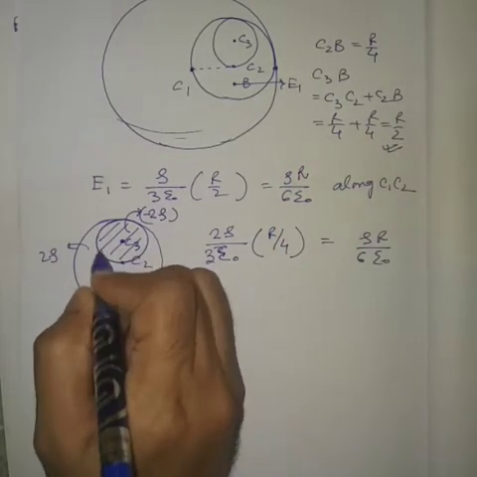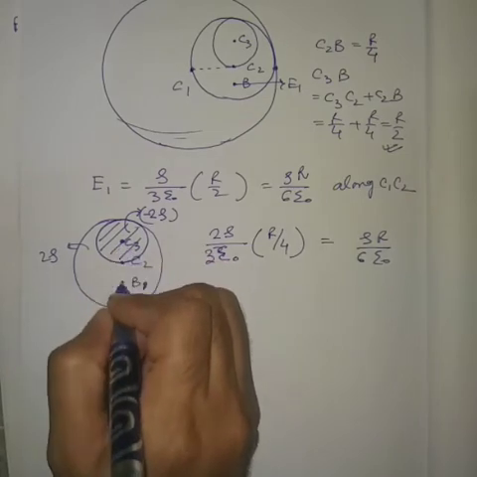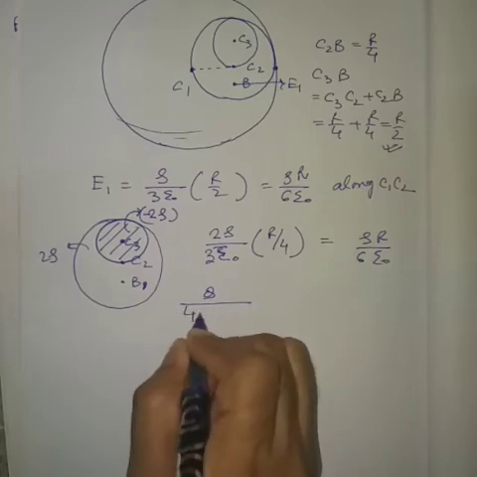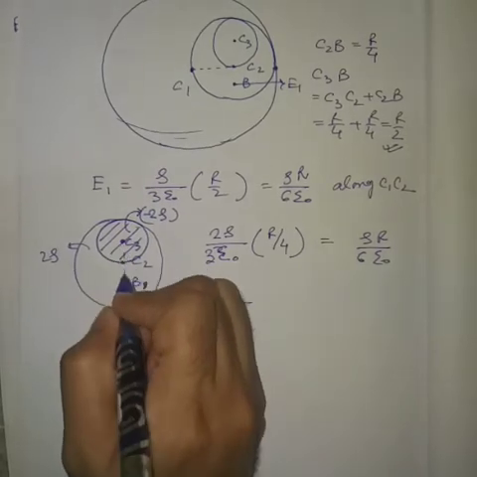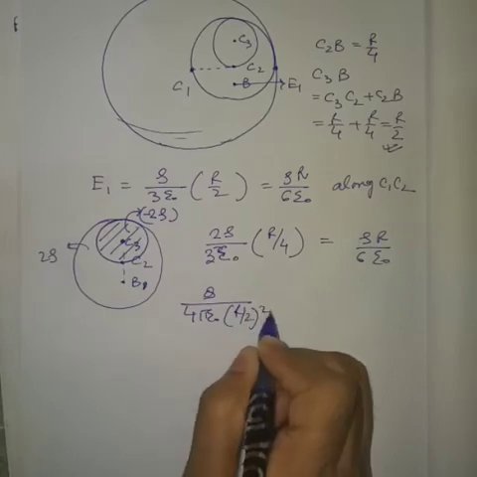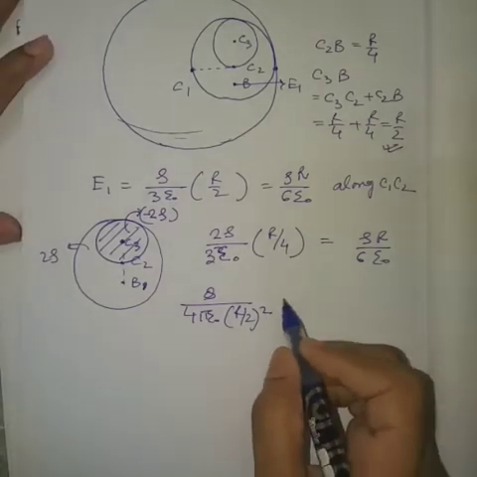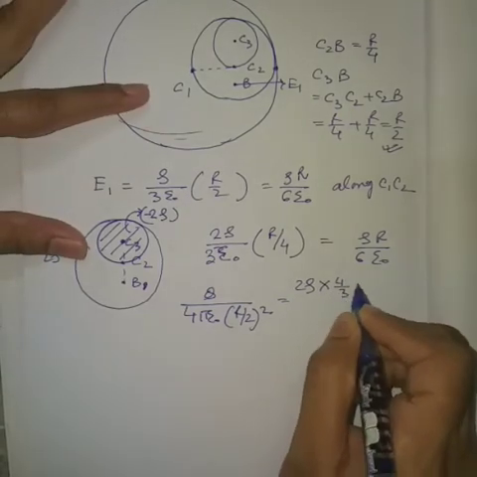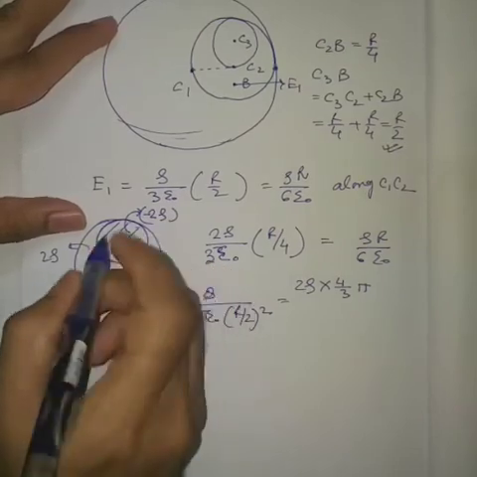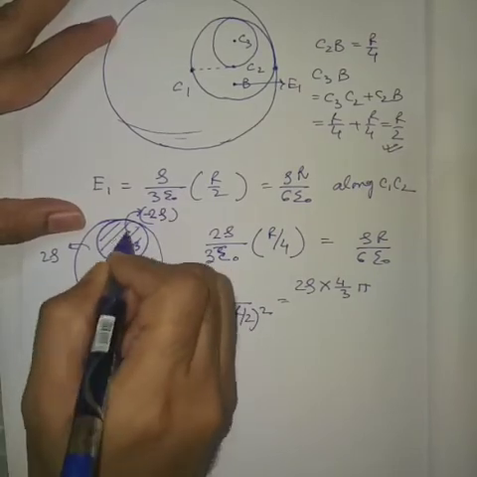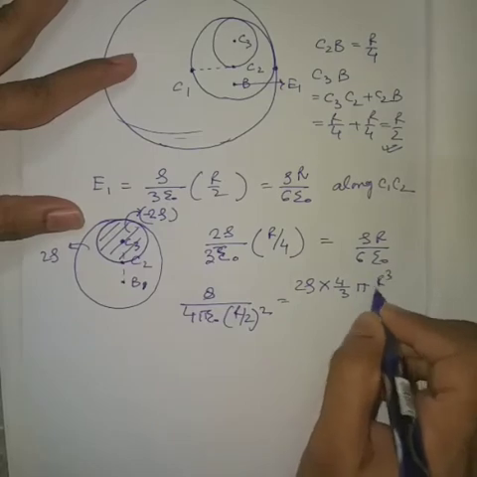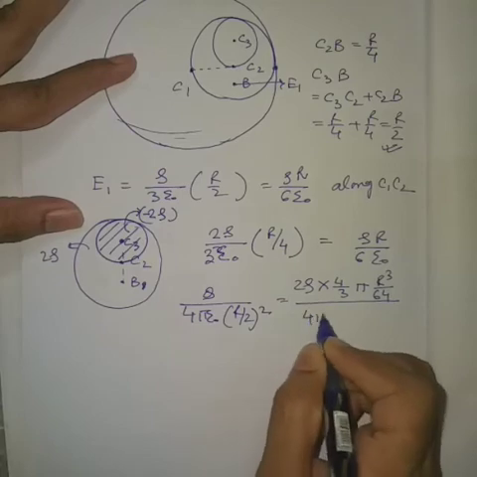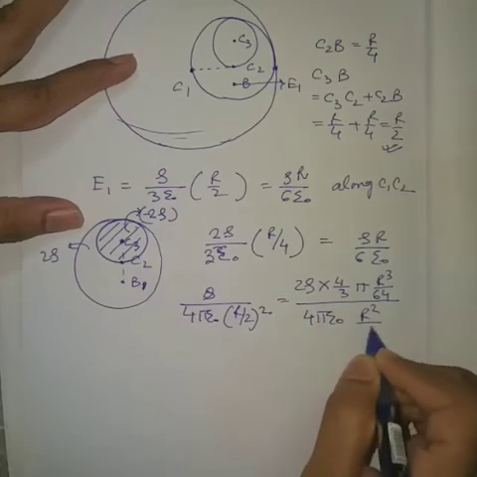Therefore, due to this volume charge density, the electric field at this point B will be Q by 4 pi epsilon naught into this distance, that is R by 2 square. So Q means 2 rho into 4 by 3 pi R cube, where R means the radius of the sphere, that is R by 4 whole cube, so R cube by 64, divided by 4 pi epsilon naught R square by 4.